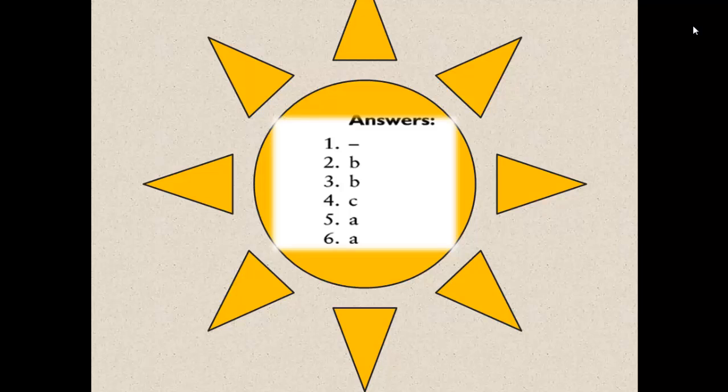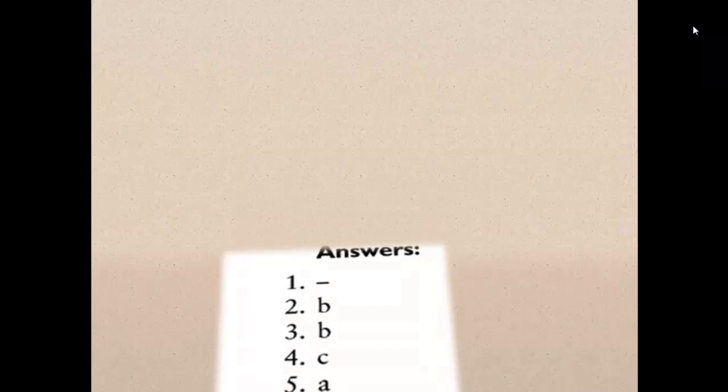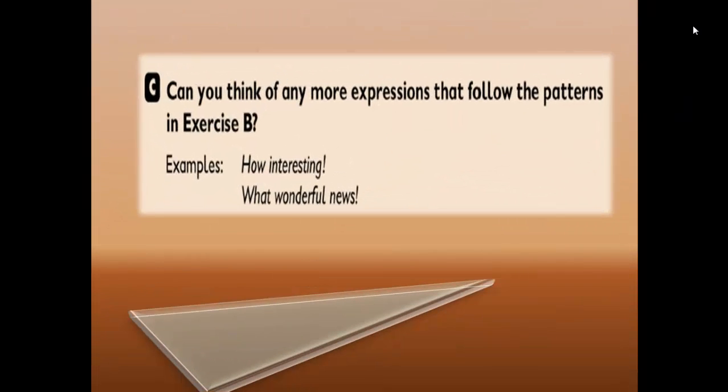That's great. Number C, here we have that's plus a noun phrase or an adjective. How exciting and how annoying. We have number A, because here we have how plus adjectives.